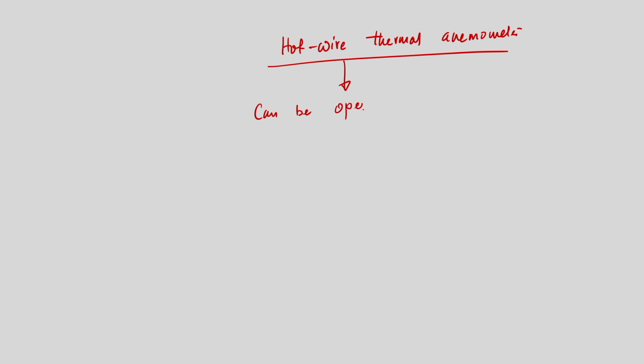But this won't be the case for chaotic flow scenarios. In those cases we need to modify the design that we have seen, but we should know that this hot wire thermal anemometer can be operated in one of two modes.